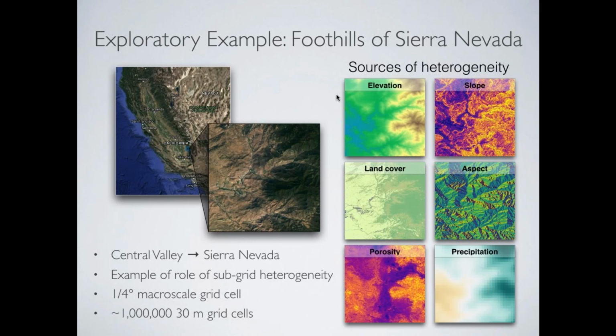As an example, I just chose a quarter-degree grid cell for the foothills of the Sierra Nevada. You could choose any grid cell that has a lot of heterogeneity. I chose this one because you can see a lot of heterogeneity in topography, in soils, in land cover, in precipitation, etc. So you can think of it as representative for exploring this idea. If you look at this at 30 meters, look at all this data that we have: it's around 1 million 30-meter grid cells.